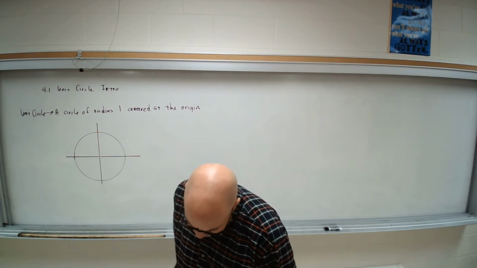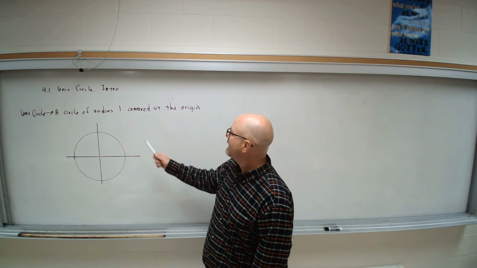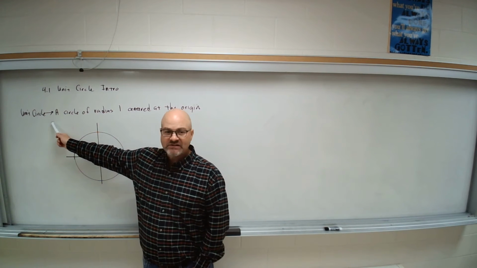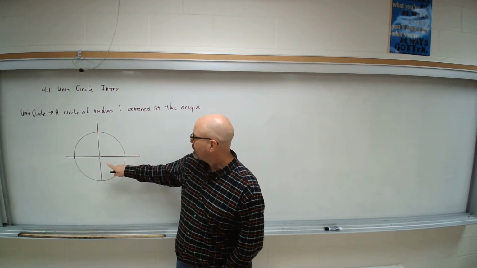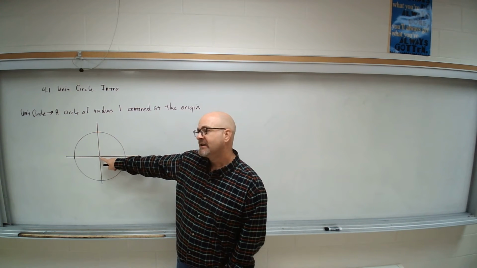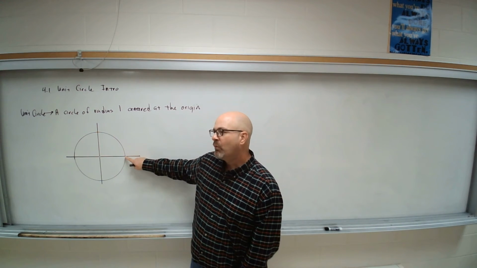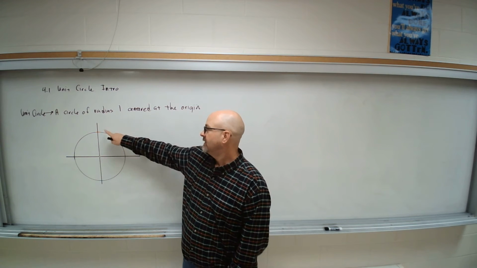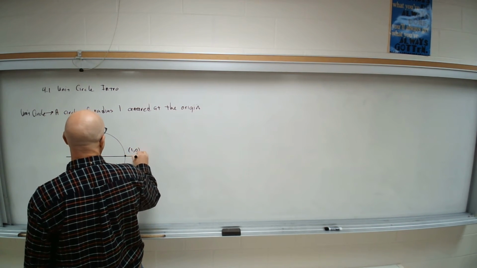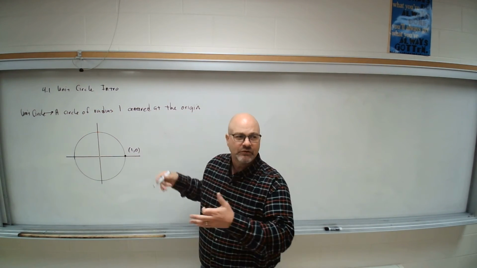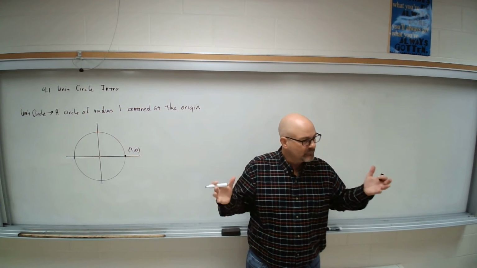So with this though, a circle of radius 1 centered at the origin is called the unit circle. If we think about this circle, if it has a radius of 1, this would be the origin 0, 0. This would be the point 1, 0, correct? There are some points around it, which would make sense.